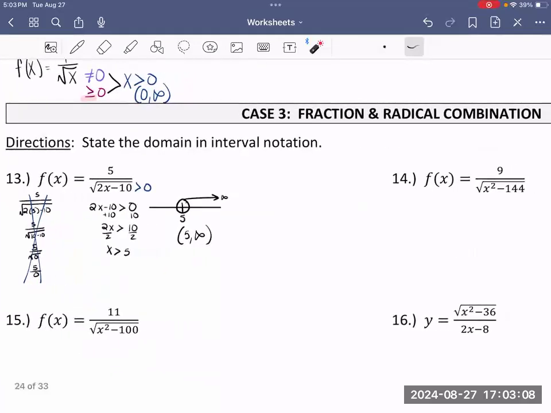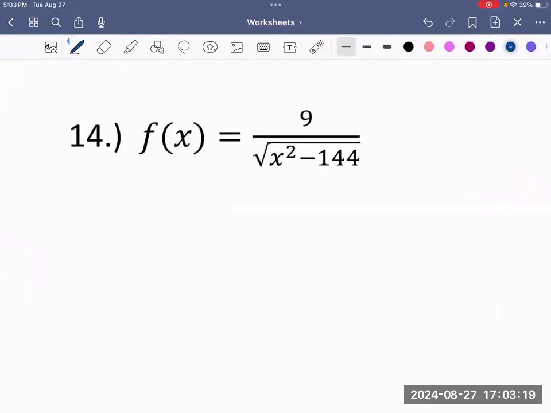Let's have you try that again over here. And the same rules apply. If you would rather factor, that's quite all right. So greater than 0, we can set x squared minus 144 to be greater than 0.